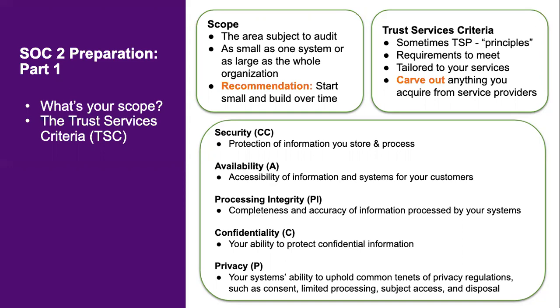And of course, I'm sure all of us have heard some of the emerging standards, things like GDPR, CCPA. Common tenets of these privacy frameworks include consent. People need to give you consent to use their data. You should limit the processing of that data to just the purpose for which you've gathered consent. Data subjects should have access to their data, and so on, all the way through to the disposal of data when your organization no longer needs it.